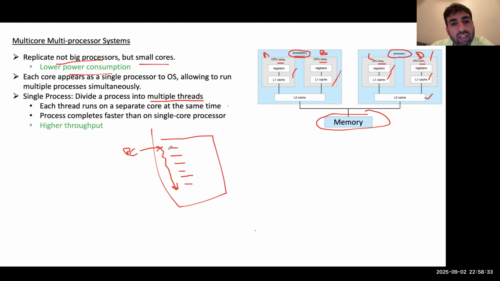Once the first instruction is executed, it points to the next one, after that the next one, and so on. So instructions are executed in sequence. This is where you have a single threaded application, right?